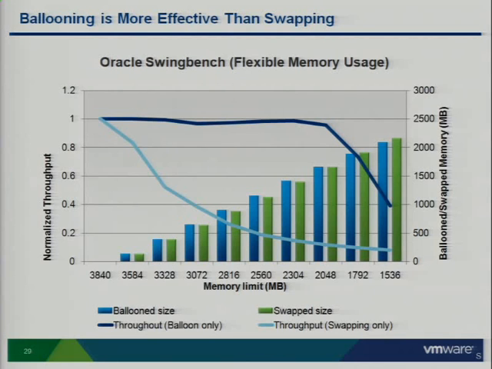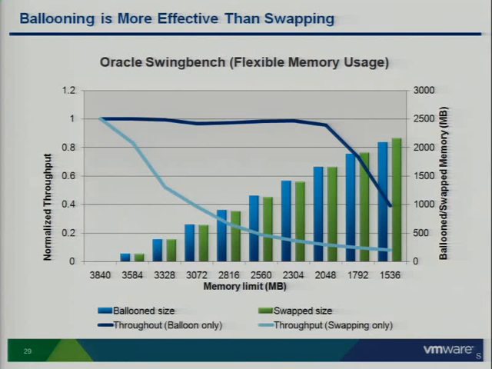The balloon driver is great. As I said in my blog post, you should love your balloon driver. The swap engine, however, is forced to make random page selection. Even a little bit of swap behavior, shown by that cyan line, is very bad for performance. It drops immediately and unrecoverably.